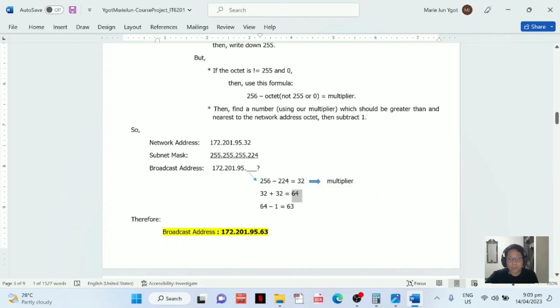So again, we are going to subtract 1. So 64 minus 1 is 63. So our broadcast address here, the last octet is 63.